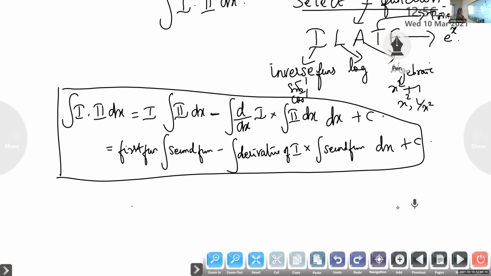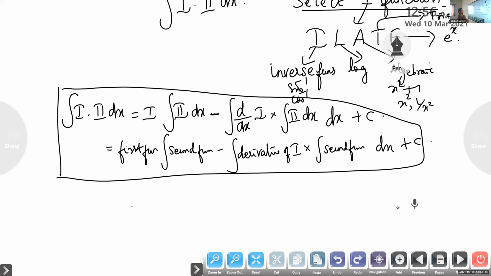Yes, Aishwarya. Integration by parts: first function into integration of second function minus integration of derivative of first function into integration of second function dx plus c.